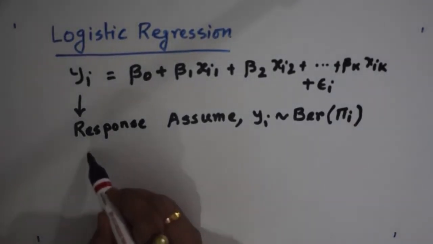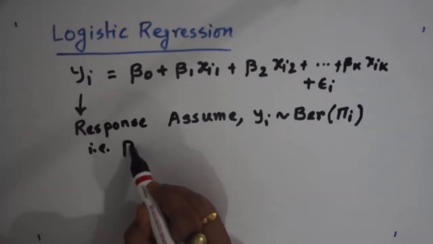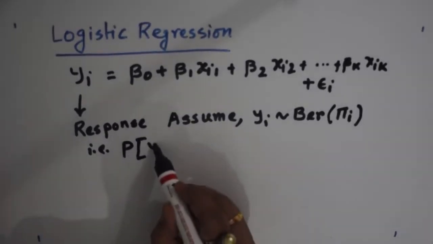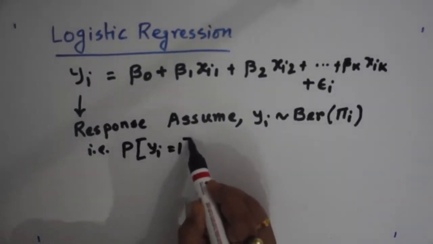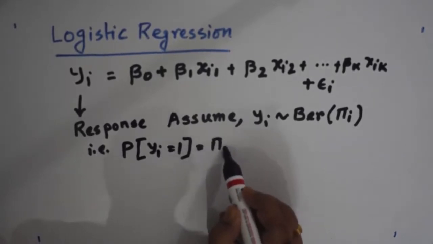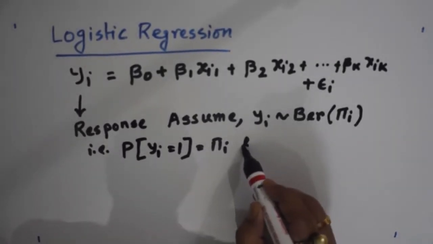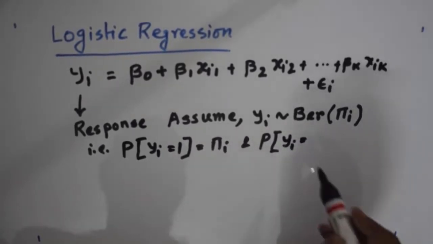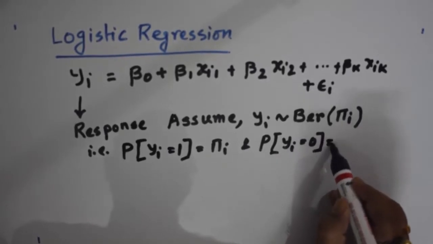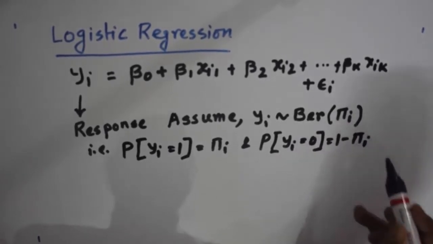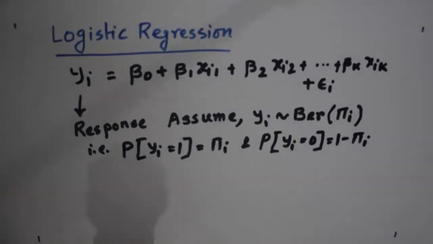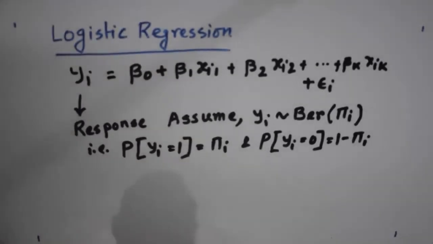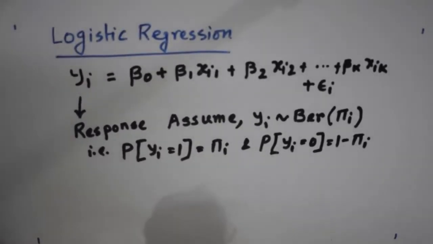That is, probability yi equal to 1 equals pi i, and probability yi equal to 0 equals 1 minus pi i. That means each response either takes 1 or 0, that is success and failure.